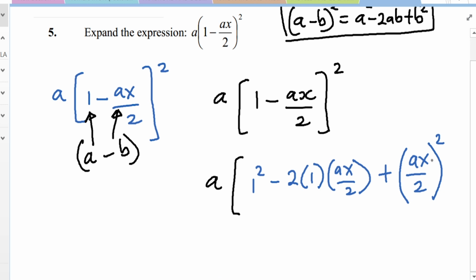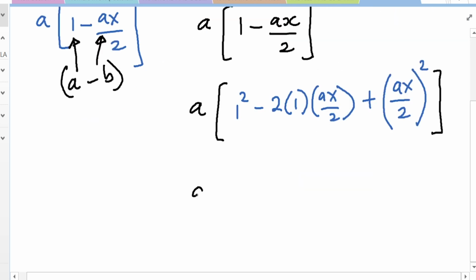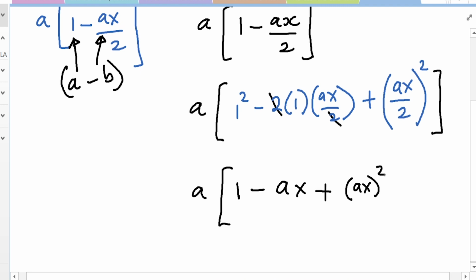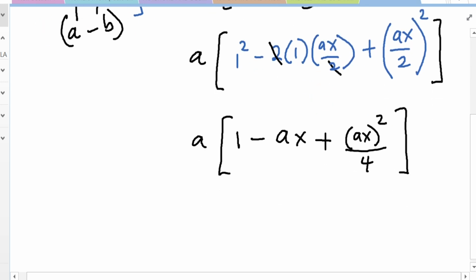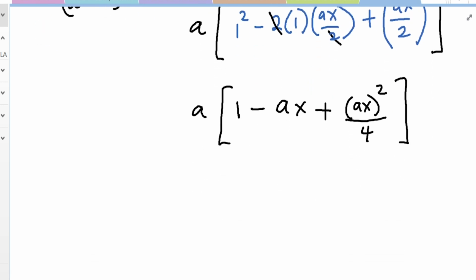like that. So from there, what we have is a into brackets, 1 squared is 1, minus, of course, that 2 and that 2 will cancel, we shall remain with ax. Then plus ax squared divided by 4, like that. So of course the rest is just a matter of simplifying.